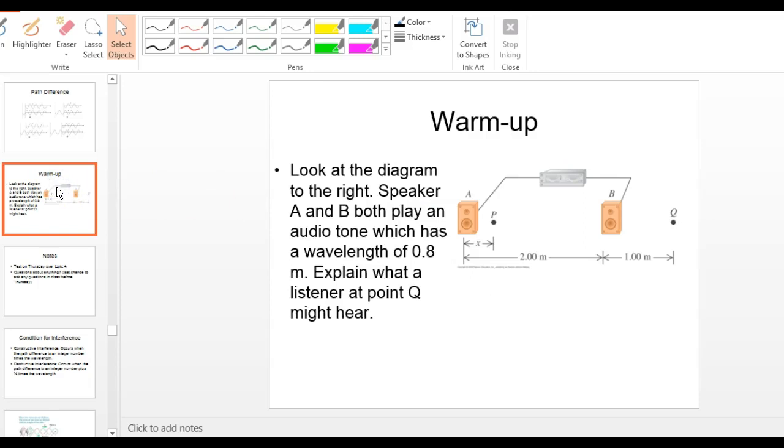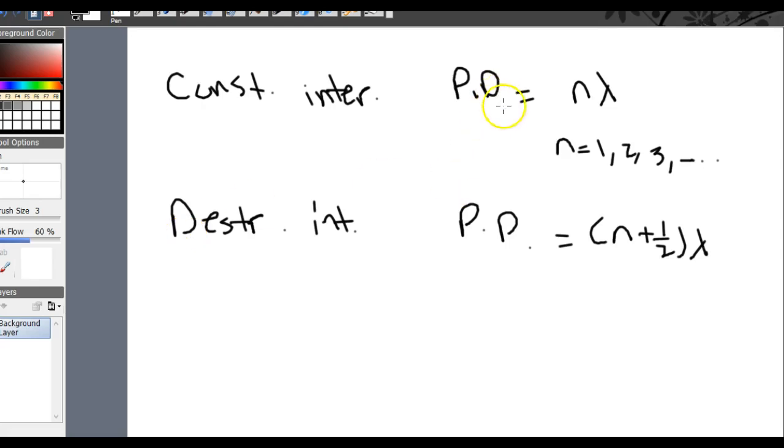So when you have a problem like this, basically what it comes down to is, if you look at these two equations, if you look at the ratio of the path difference to the wavelength, if this ratio is an integer, then you have constructive interference. If this ratio is not an integer, like if it's 1.5 or 2.5 or 3.5, then you have destructive interference. And so the problem just comes down to trying to figure out what is the ratio of the path difference of the wave to the wavelength.